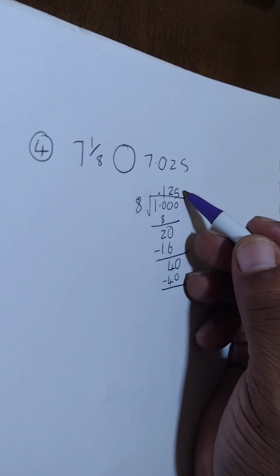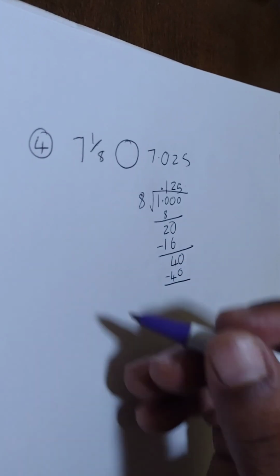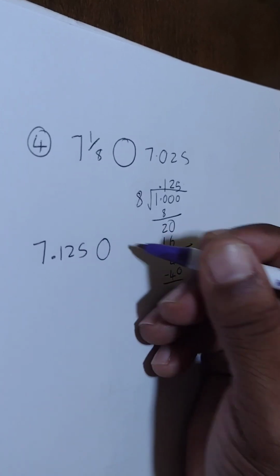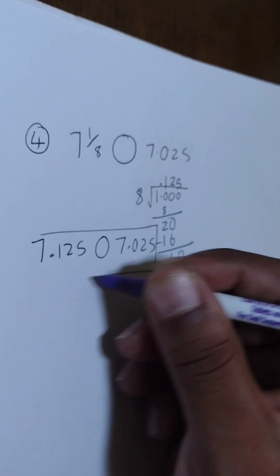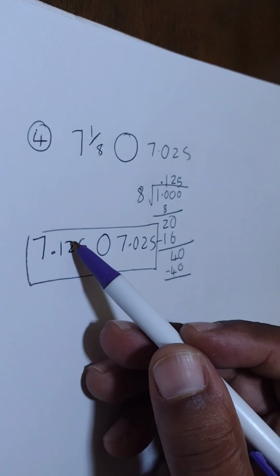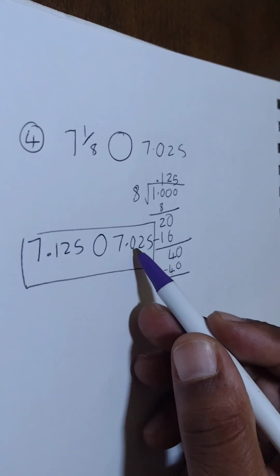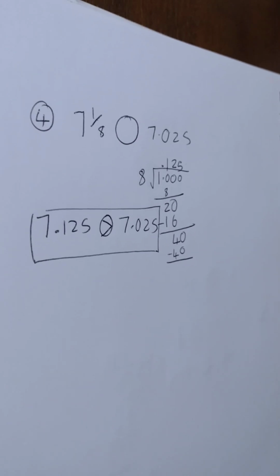This 0.125 is not by itself with the 7. So what you're looking at really is 7.125 and the relationship with 7.025. That is what you're looking at, okay? Because this fraction becomes that. Well, which one's bigger? You see that 1 there? Of course, 1 is bigger than 0. So it opens up like that. That's how the work is done.